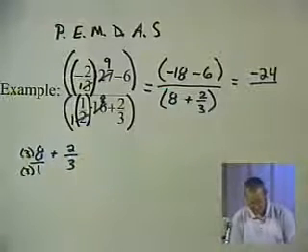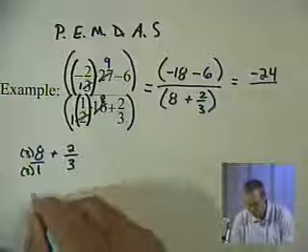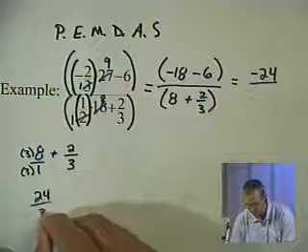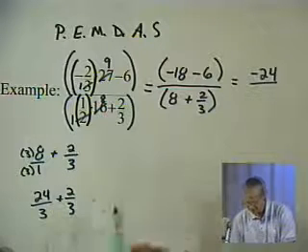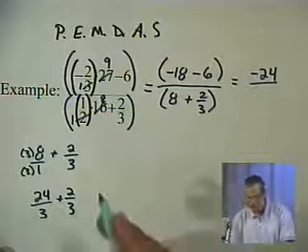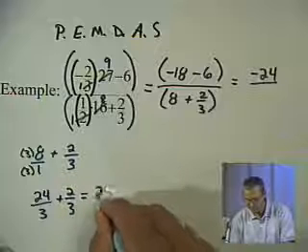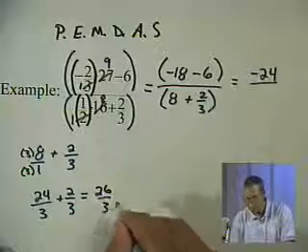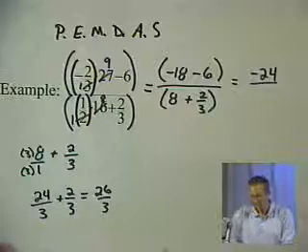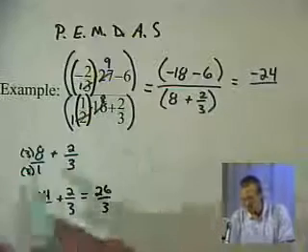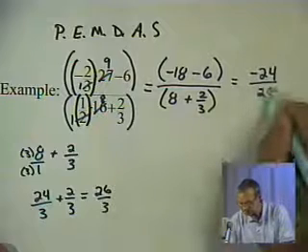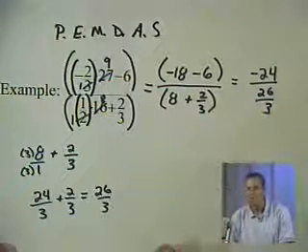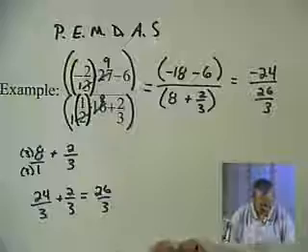So now I get 8 over 1 converting to 24/3 plus 2/3. And now that I have a common denominator, I can just simply add the numerators together and get 26/3. So what I've done is I've done this addition on scratch paper. 8 plus 2/3 we just saw was 26/3. All right, now we're almost done.